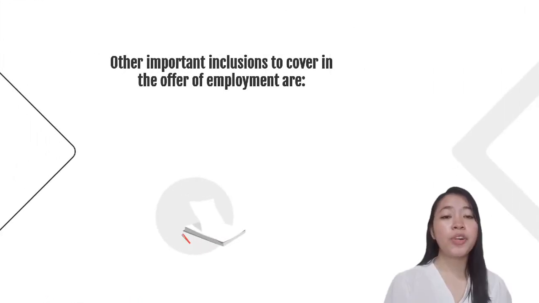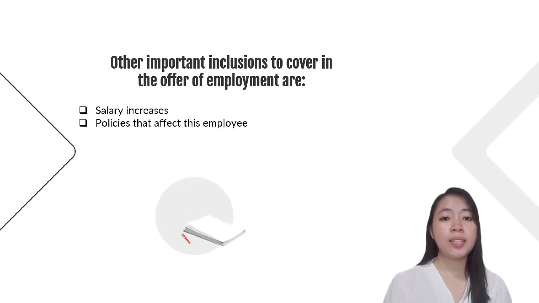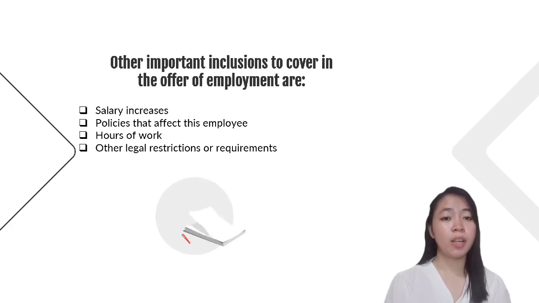The other important inclusions to cover in the offer of employment are salary increases, policies that affect this employee, for example, reimbursement of expenses, hours of work, other legal restrictions or requirements, for example, non-solicitation agreements or intellectual property rights.